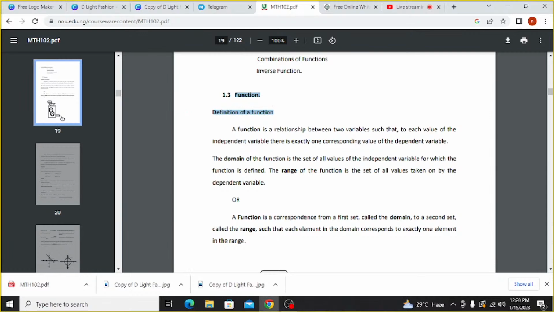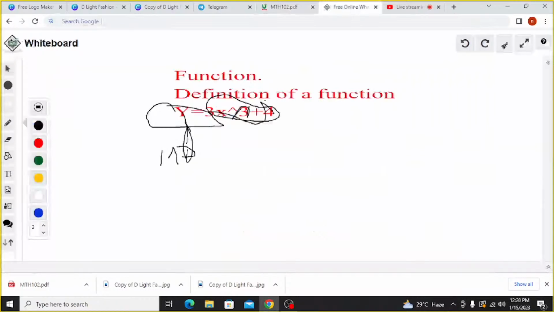Now, the next one is the range. The range of the function is the set of all values taken on by the dependent variable. When you find the value of the dependent variable, our answer is our range.